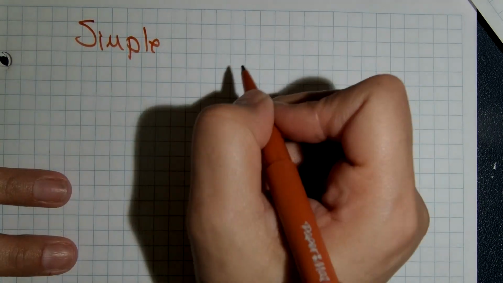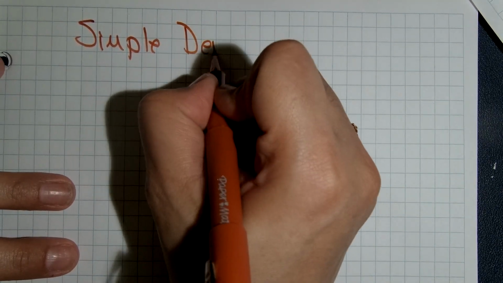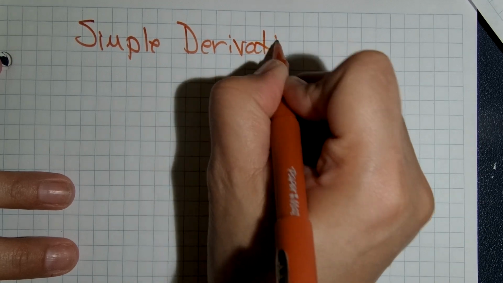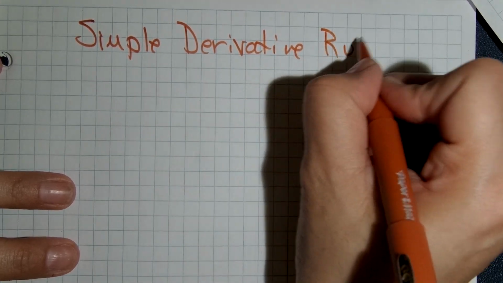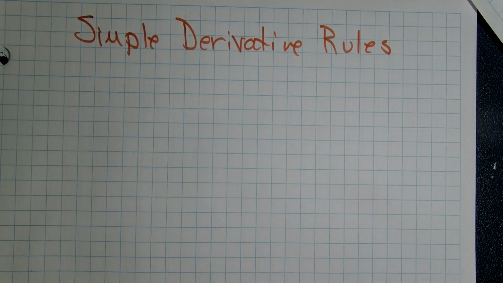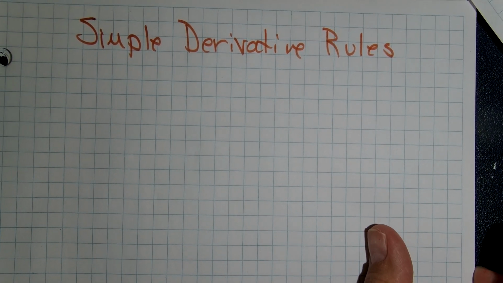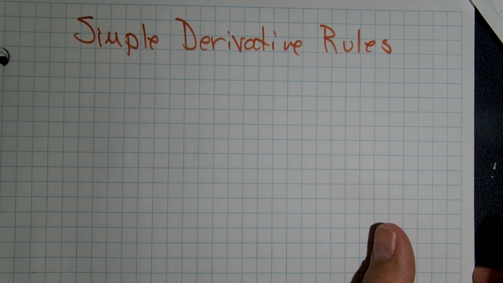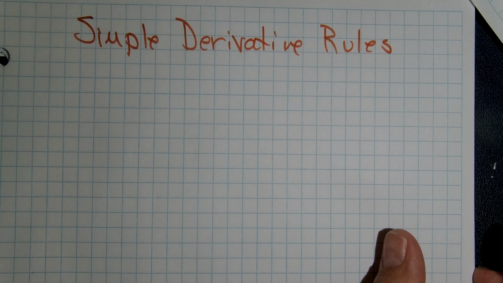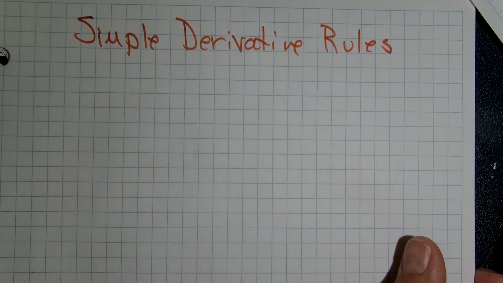All right, let's move on to the simple derivative rules. As a reminder, you will no longer be allowed to use your notes or review packets on your assessments. I told you this. Why? Because we need to pull away those helping things. You are seniors.